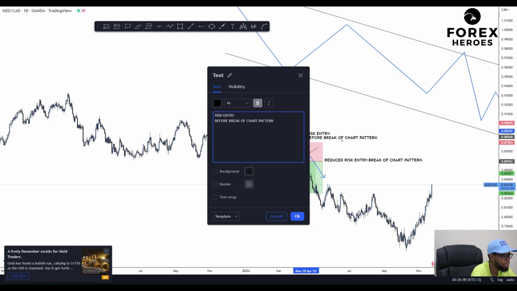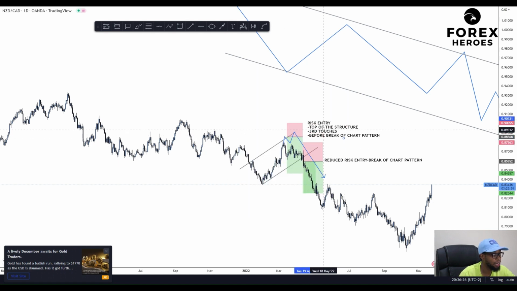You can say this, before the break of chart patterns. Top of the structure, this is mostly where you get your touches. This is where mostly you find your risk entry.